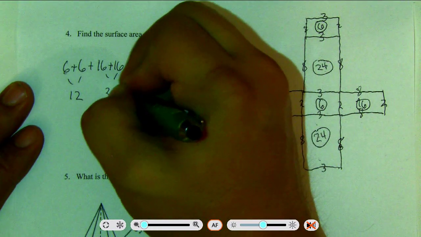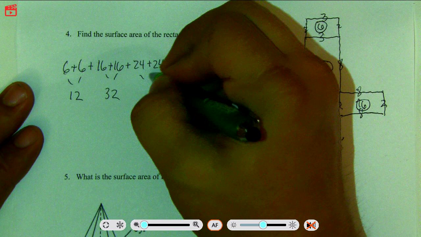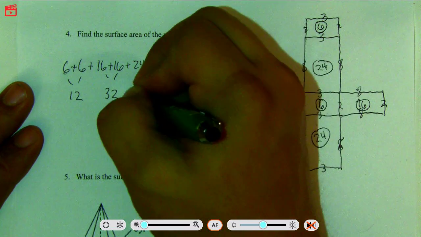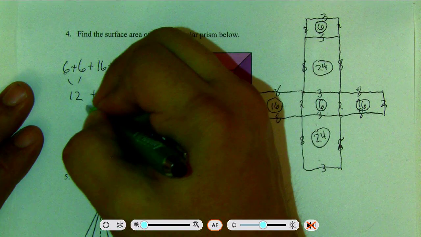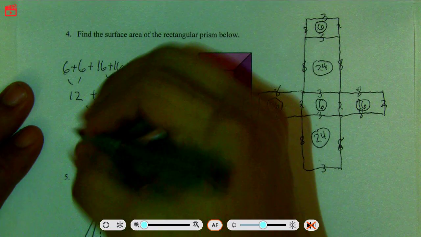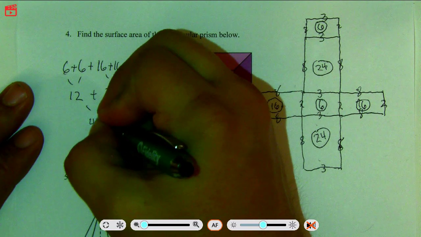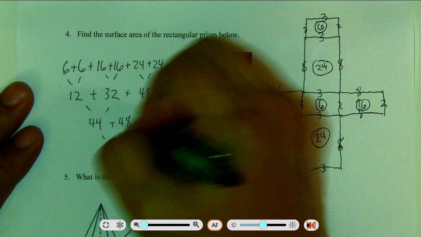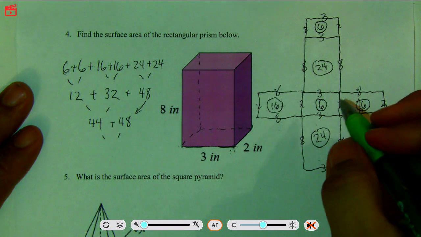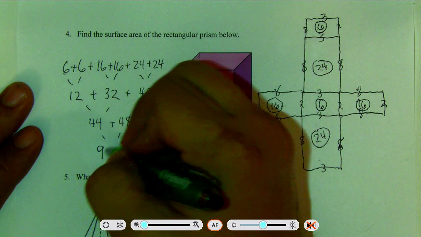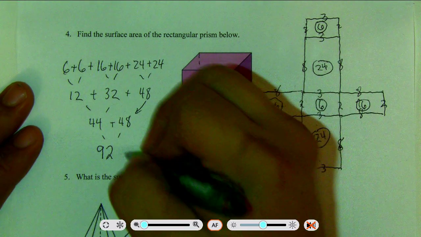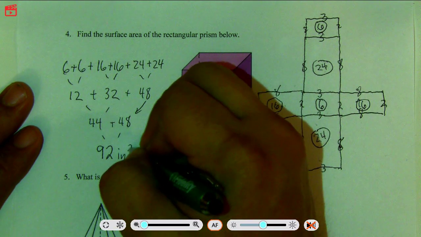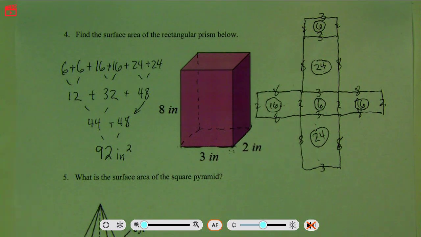This makes 32. This makes 48. This makes 44. That just comes down. And this makes 92 square inches, or inches squared, as the surface area.